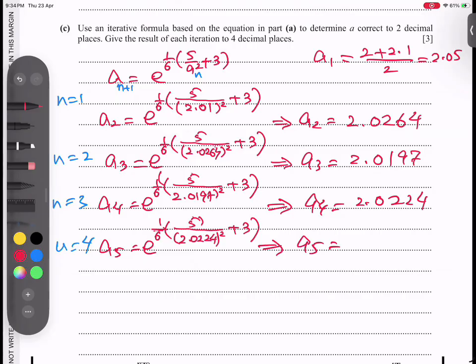So a5, replace here 2.0224. So my answer turns out to be 2.0213. Now see, it starts matching, and that's it. Our answer is finally 2.02. I hope the concept of the question is very clear, and the question is completely over.